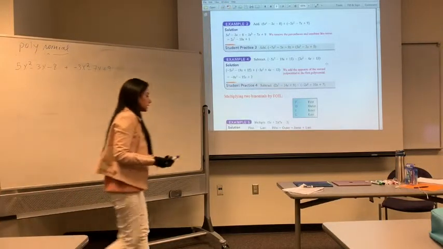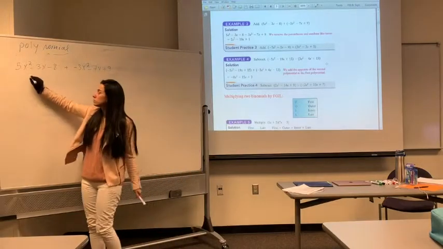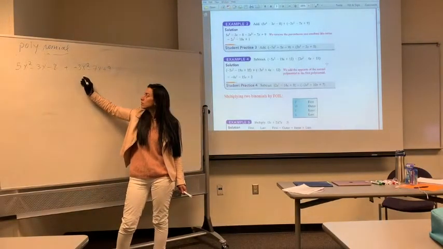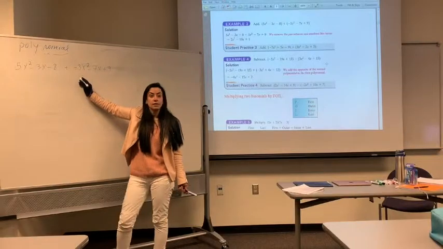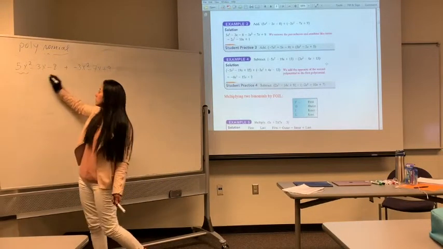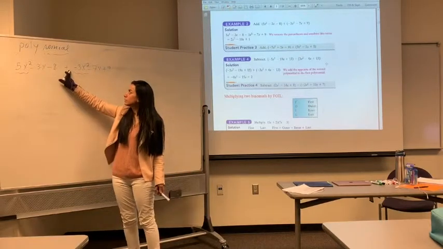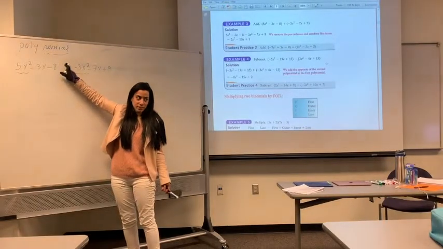So what are the like terms here? 5x squared and negative 3x squared. So can I remove this? Because it will not have an effect, all the signs will stay the same.